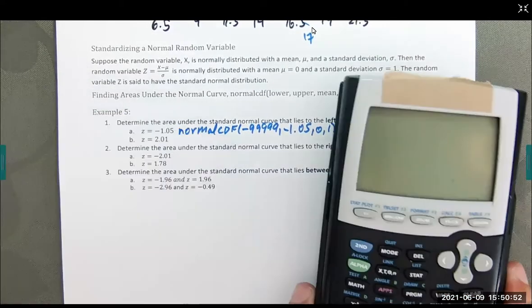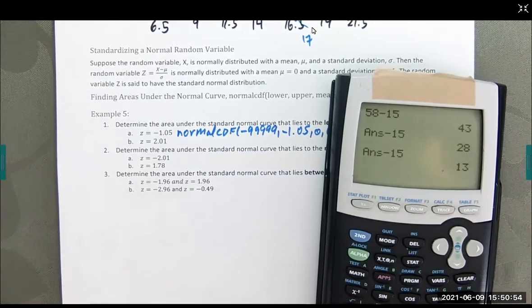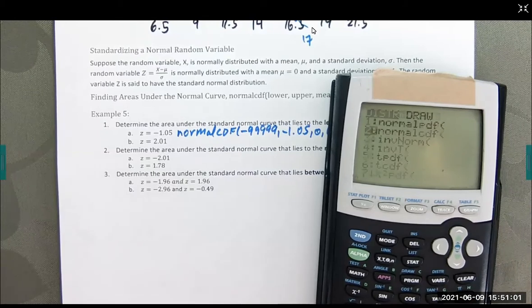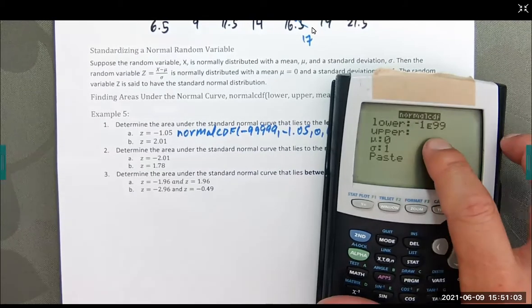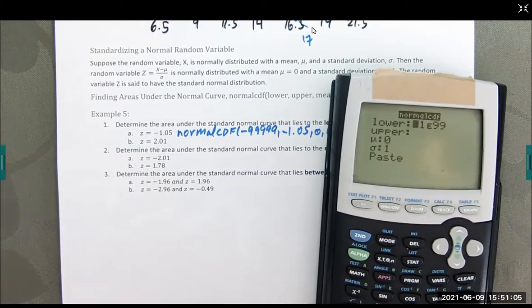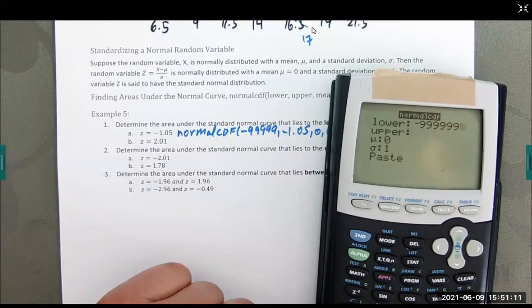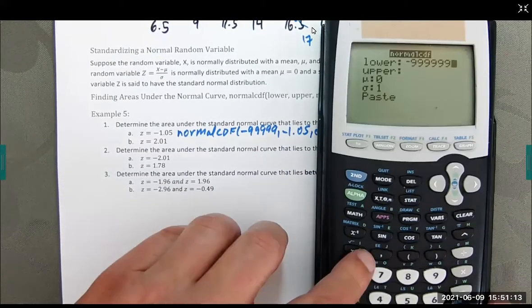Let's see what that looks like. So I'm going to go to my distributions again, and here we are. Now your interface may look very different than mine. So negative 99999. We have to type in with the commas. Commas are above the 7 on this calculator.